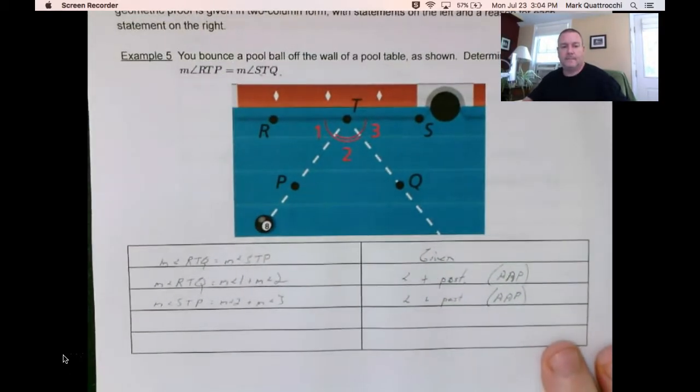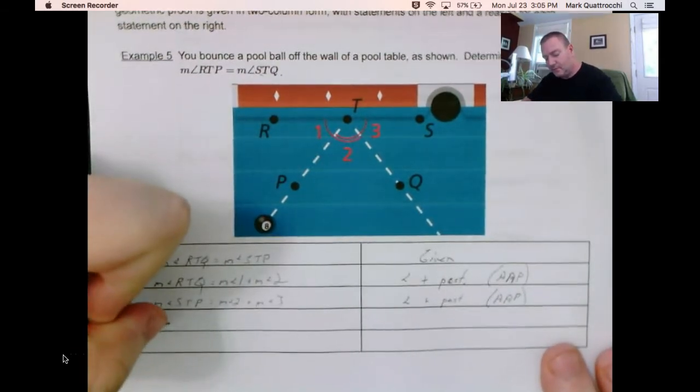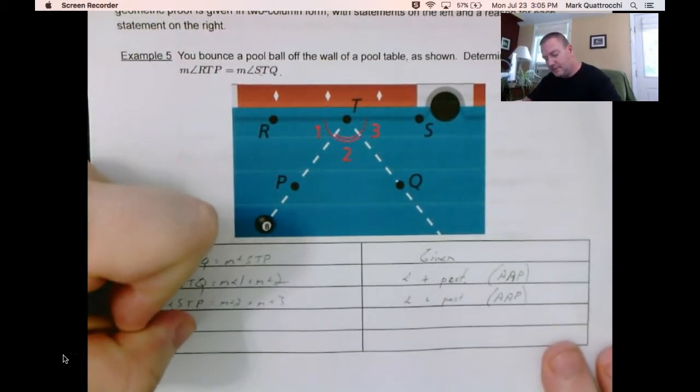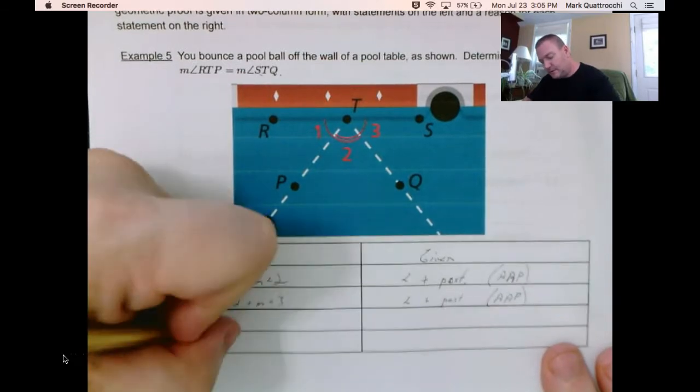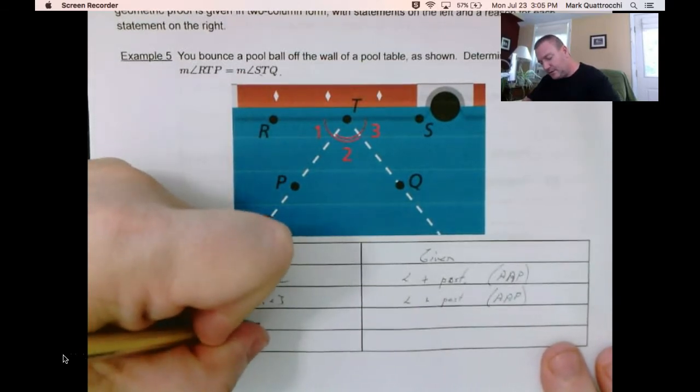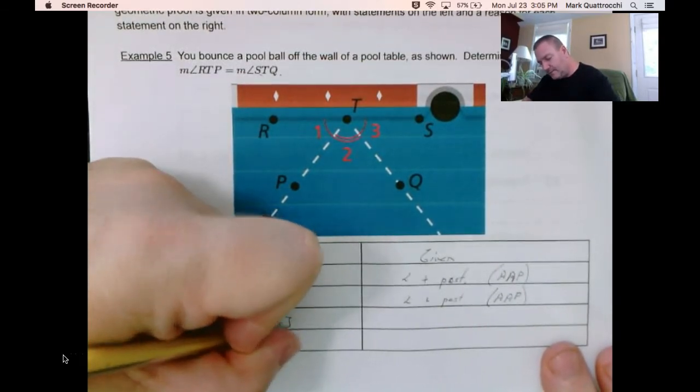Okay. Well, how does that help us? Well, we know that RTQ is equal to STP from statement 1. So combining statements 2 and 3 with statement 1, I can do measure of angle 1 plus the measure of angle 2 equals measure of angle 2 plus the measure of angle 3.